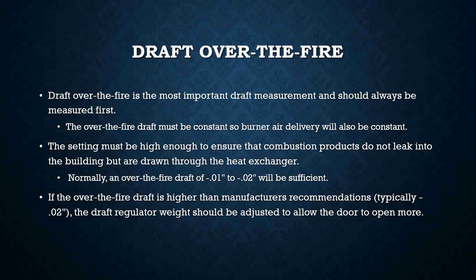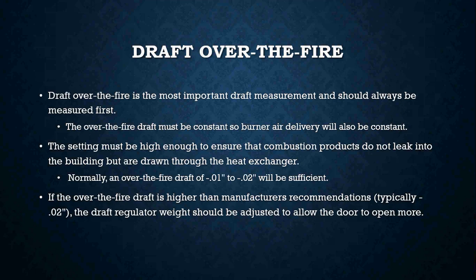The over the fire draft must be constant, so burner air delivery will also be constant. The setting must be high enough to ensure that combustion products do not leak into the building but are drawn through the heat exchanger. Normally, over the fire draft is going to be anywhere between negative 0.1 to negative 0.2. That is usually sufficient.